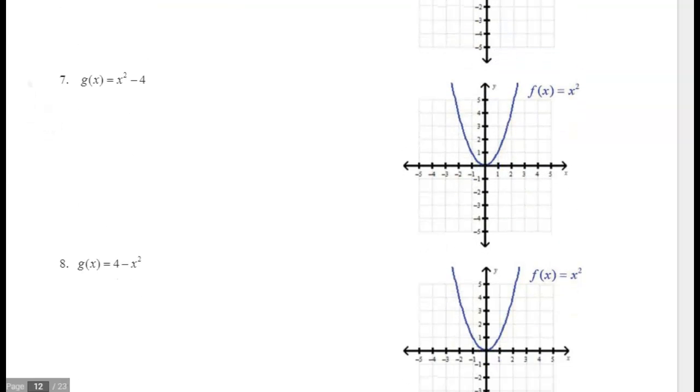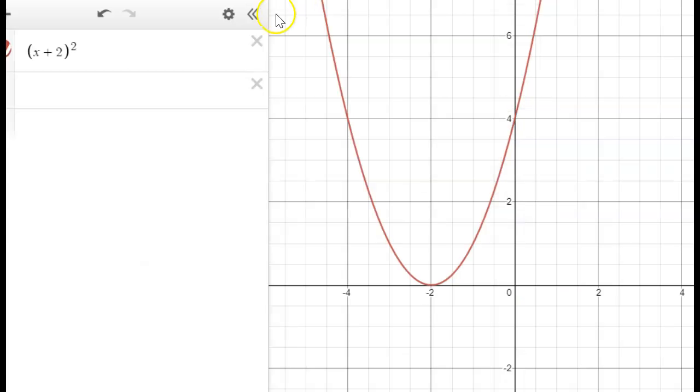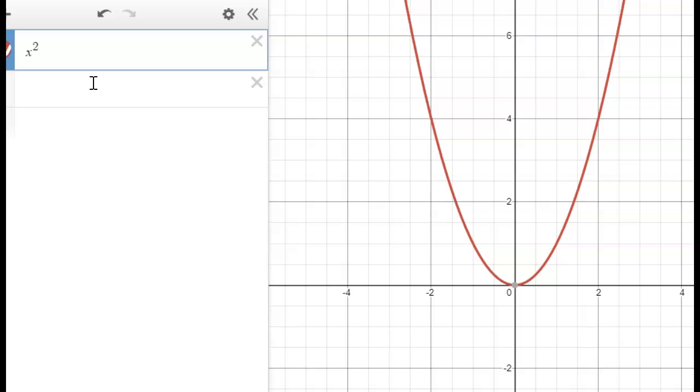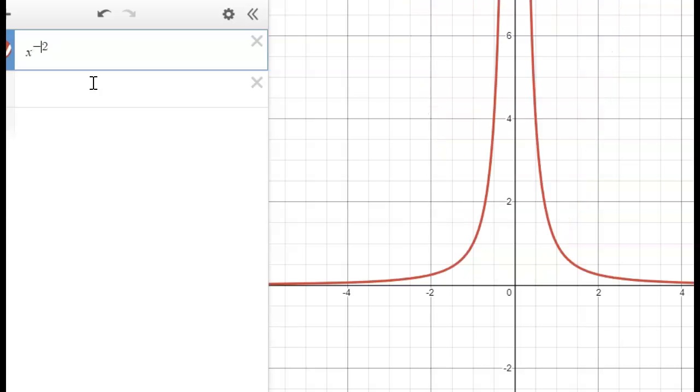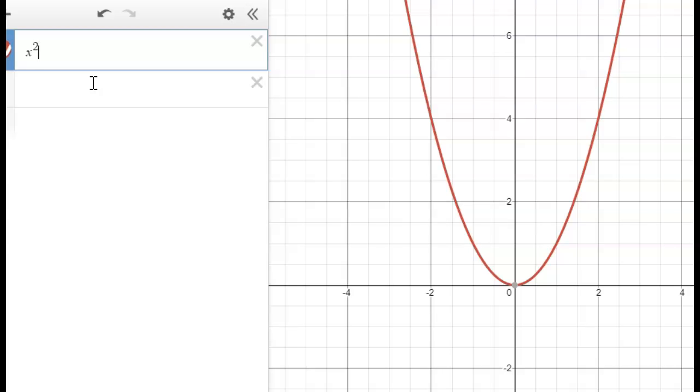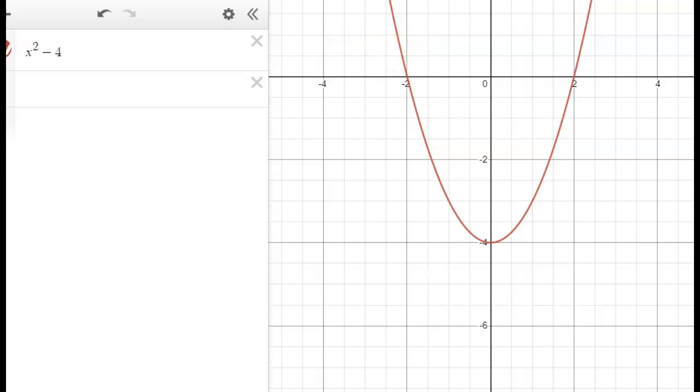And I'm going to jump down here. These are a little different because they're not in that vertex form. So the x squared -4 is really, when we do this, so if we just do x squared, it just shifts it down.